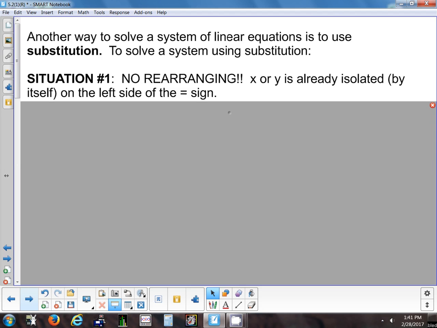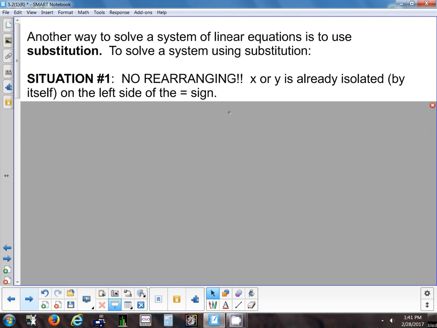It'll say x equals something or y equals something. So x or y, the variable, will be isolated by itself on the left-hand side of the equal sign. It'll be all ready to plug in for whatever variable you're going to plug it in for in the other equation. So it's already isolated, by itself on the left-hand side of the equal sign.